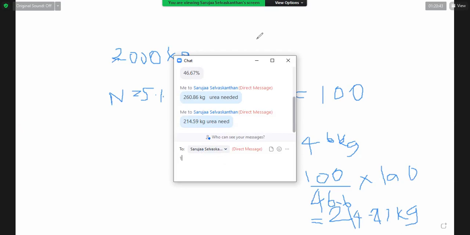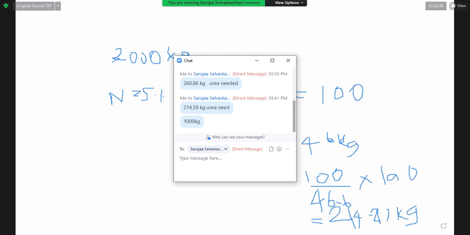Number one, they ask calculate how much of each fertilizer nutrition to prepare the above mixture. How much of fertilizer nutrition? Okay, you know nitrogen percentage is 5.